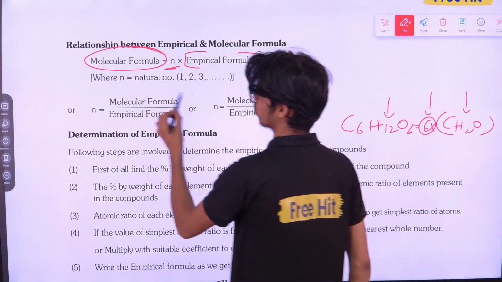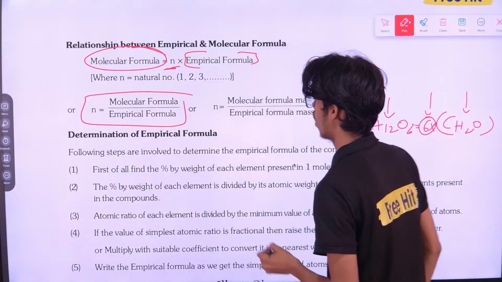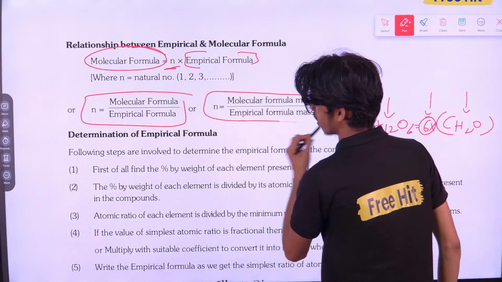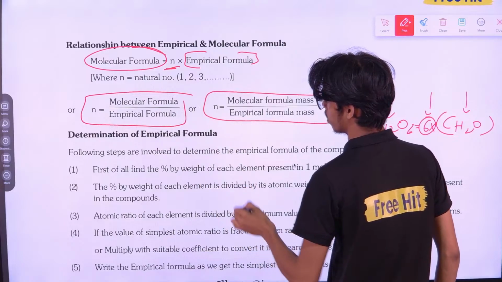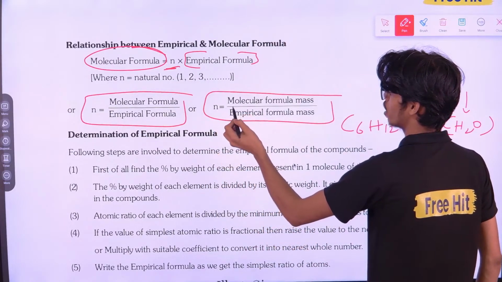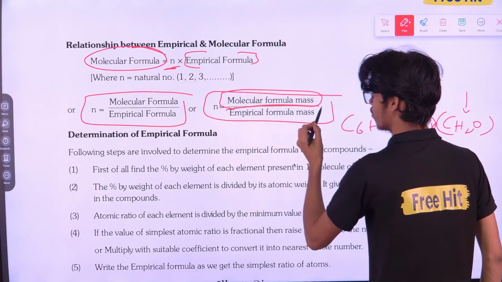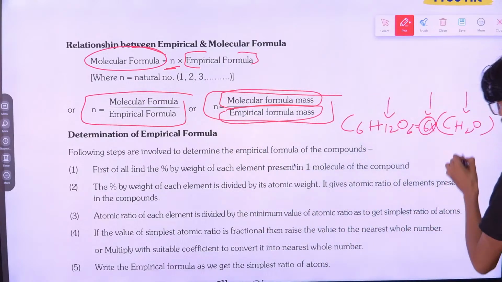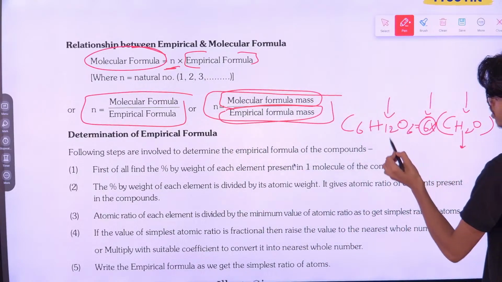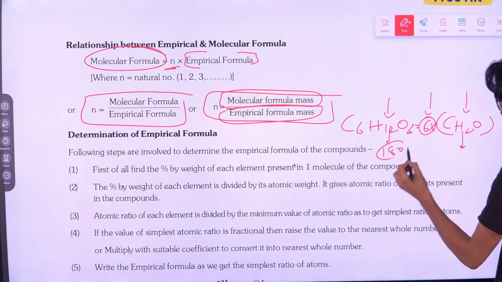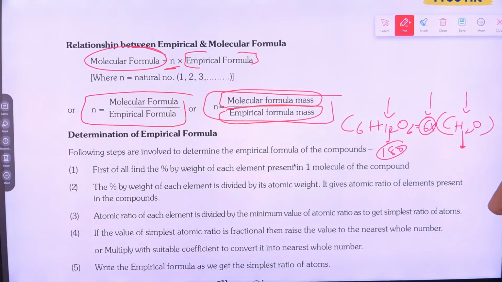So n is equal to molecular formula divided by empirical formula, or you can say n equals molecular formula mass divided by empirical formula mass. The mass of this is 180. And this one, see, this is oxygen, right?